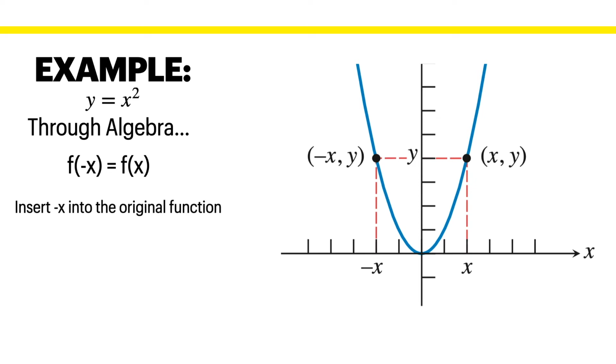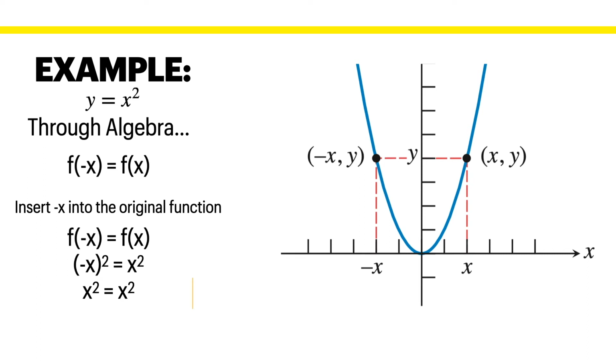So insert negative x into the original function, and you will see something like this. I replace the x in x squared with a negative x, and you square it. You're still going to end up with x squared, and of course after that you're still going to end up with the same function.